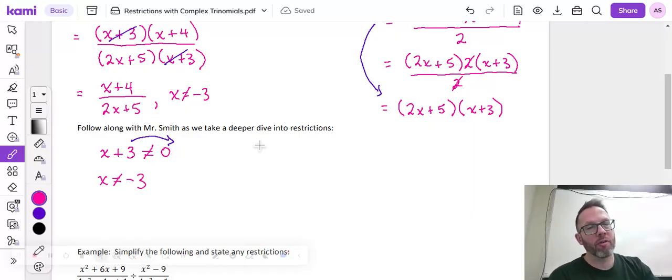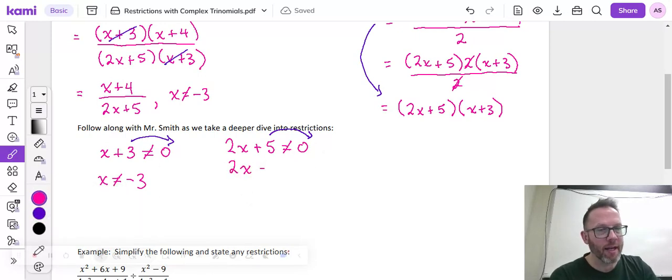For our second restriction, we ask, okay, what makes 2x plus 5 equal to 0? So we're going to say 2x plus 5 can't equal 0, because then we'd be dividing by 0. What value of x makes that 0? Just like in grade 9, do a little two-step solving. Bring over the 5, and it becomes negative.